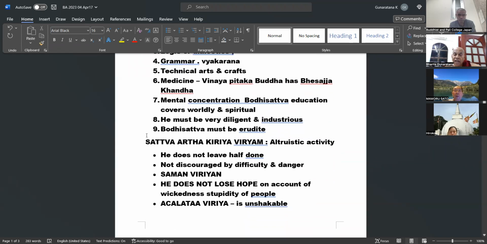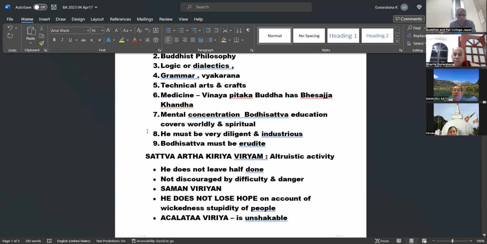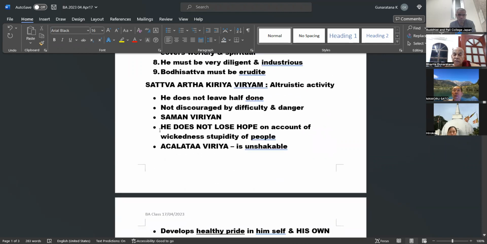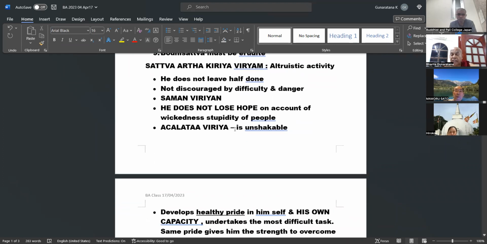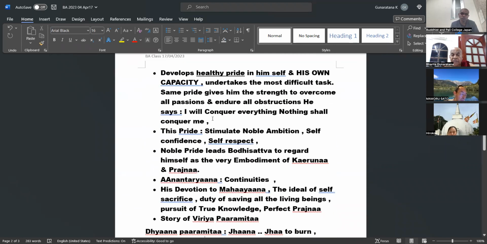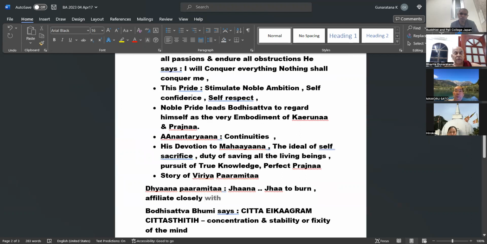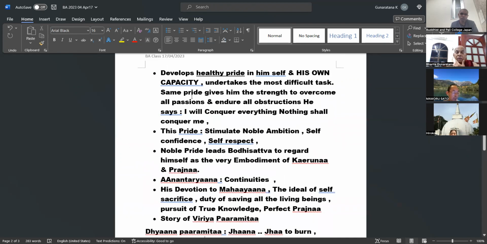And also the altruistic Virya, Sattva Artha Kiriya Virya. And then we have seen pride, the healthy pride in the Bodhisattva, and how his pride leads him to ambition, self-respect, and confidence, and so on.